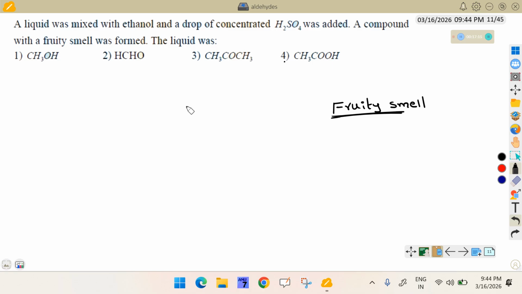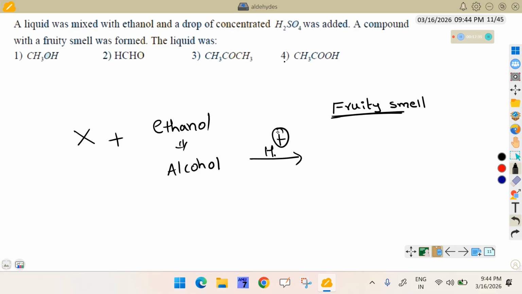See the next question. The next question is: a liquid was mixed with ethanol. An unknown liquid mixed with ethanol. Ethanol is an alcohol, and a drop of concentrated H2SO4. The reaction takes place in an acidic medium. A compound with a fruity smell. Fruity smell compounds are called esters.